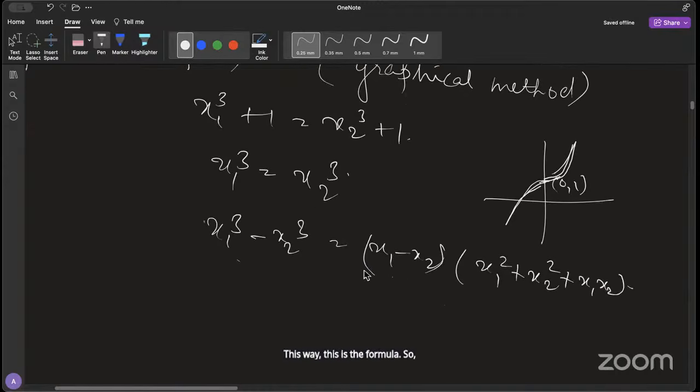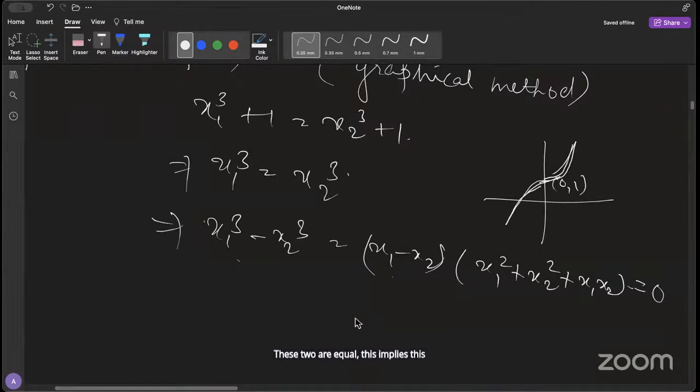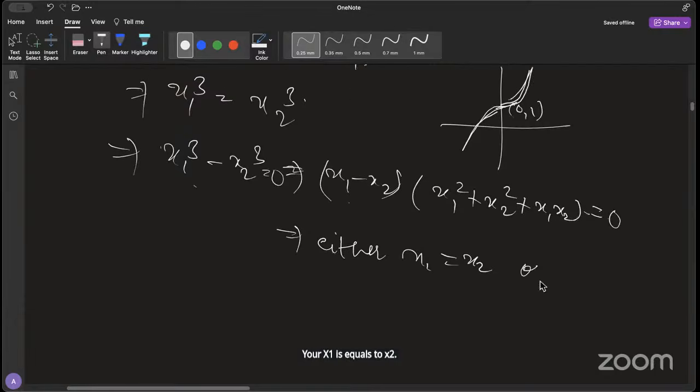So if you will find this, then there are two ways. If you equate this to be 0, these two are equal. This implies you have two things here: either your x1 is equal to x2 or x1 square plus x2 square plus x1 x2 is 0.